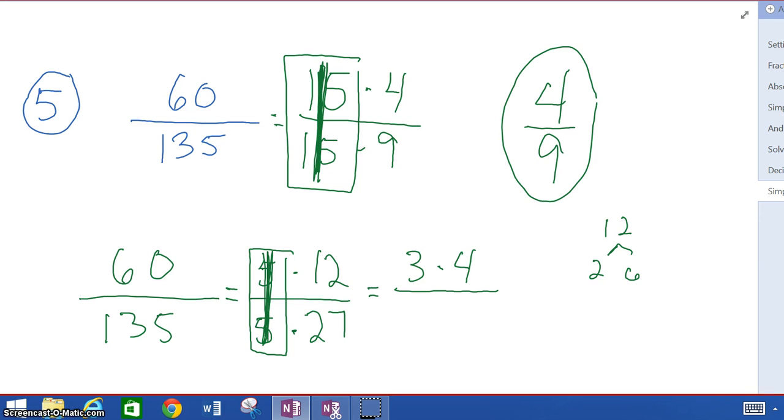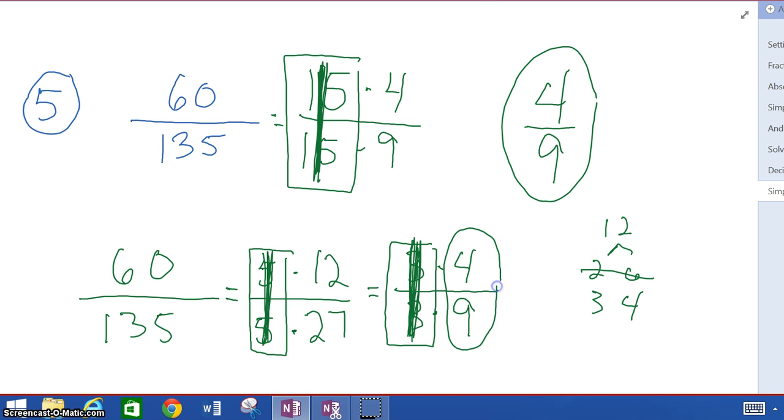No. Can I write it as 6 times something? No. I chose 3 and 4 because I know 27 can be written as 3 multiplied by 9. 3 and 3, they reduce. We're just looking for a common factor there. So again, my answer is 4/9. I know this is in simplest form because my only factors of 4 are 2 and 2, and my only factors of 9 are 3 and 3. They are relatively prime. They have no common factor.